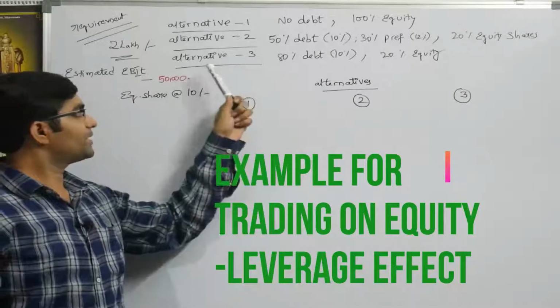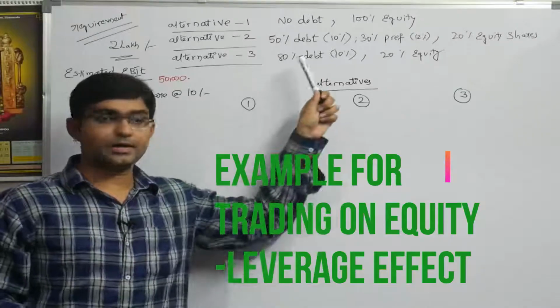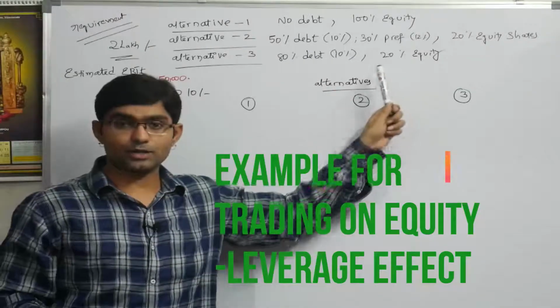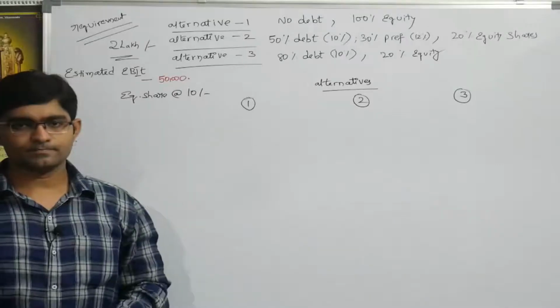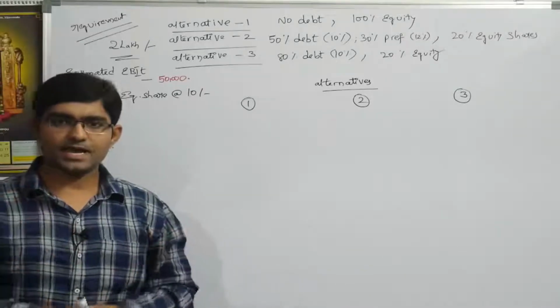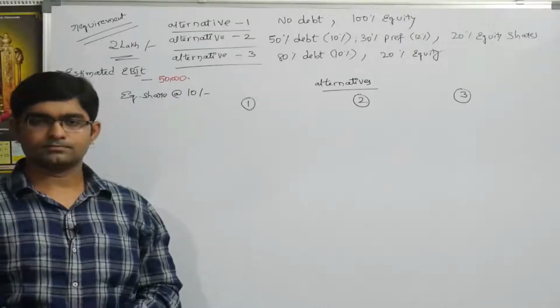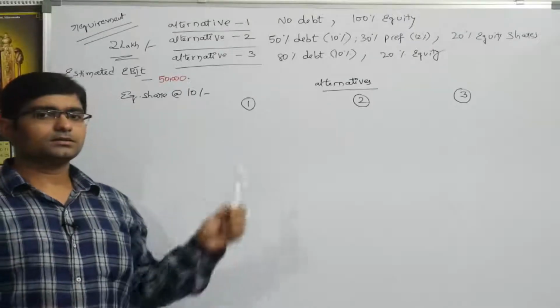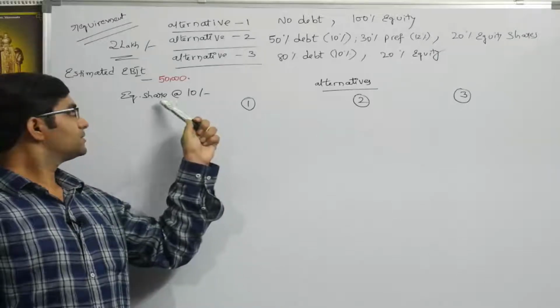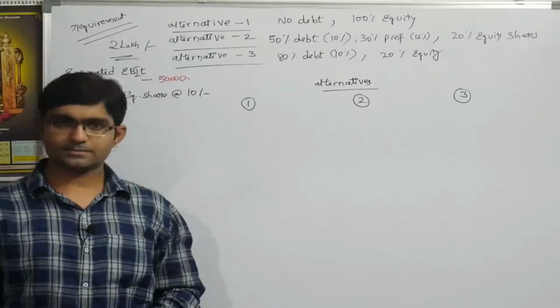The third alternative is 80% debt at the rate of 10% interest and the remaining 20% through equity. The expected EBIT is 50,000 rupees per annum, and the share face value is 10 rupees.